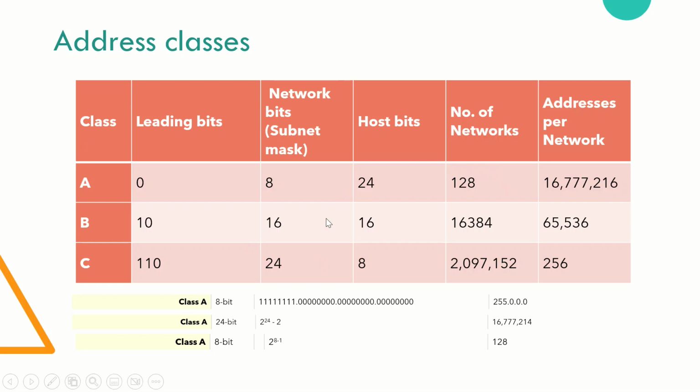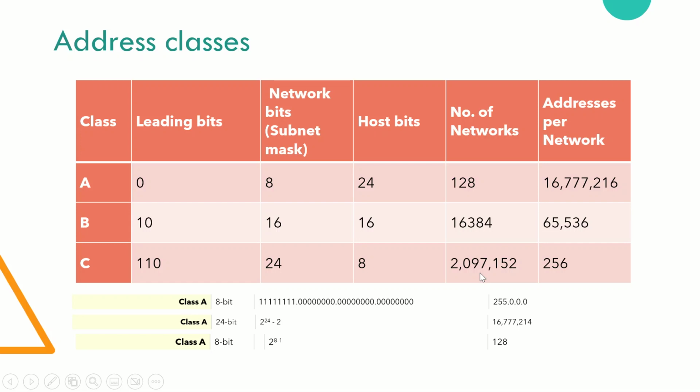In this table, you can see if you need a lot of networks, you should use class C, because almost 2 million networks you have here. And also only 256 hosts for each network.